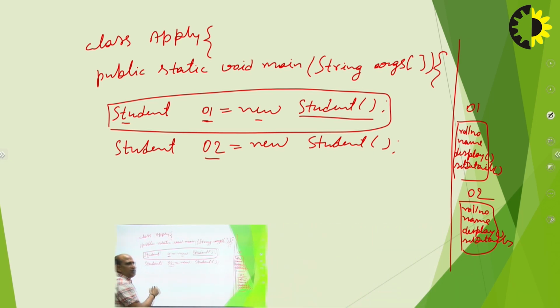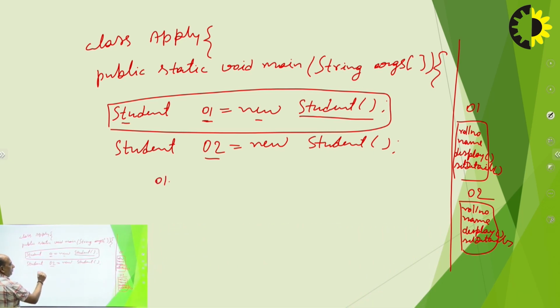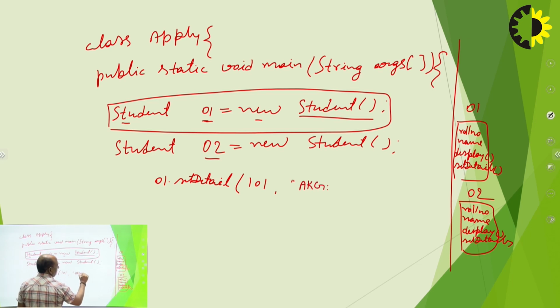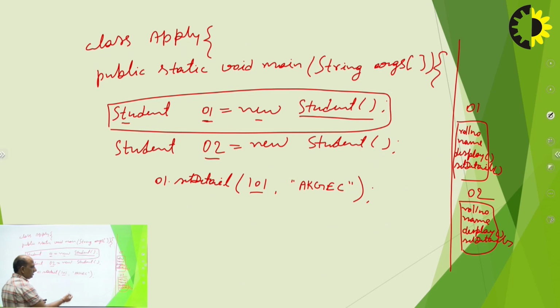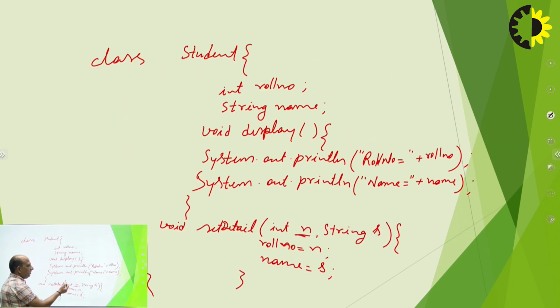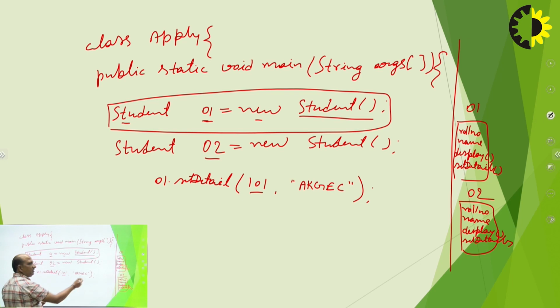You can call that setDetail function by calling O1 dot setDetail, and here you are passing roll number as 101 and name as AKGEC. Means for this formal parameter n we have passed 101 during calling, and for this s we have passed AKGEC.